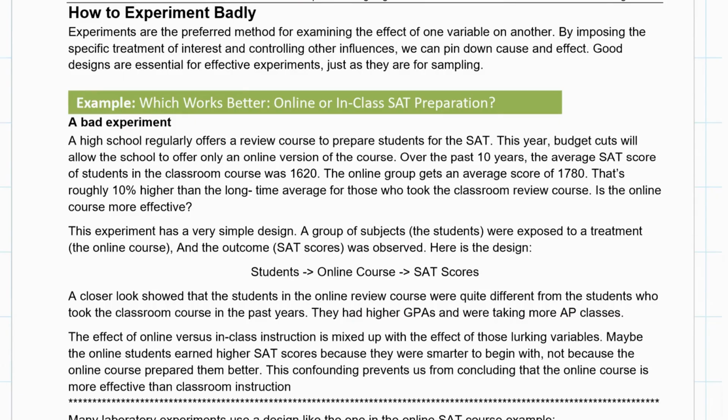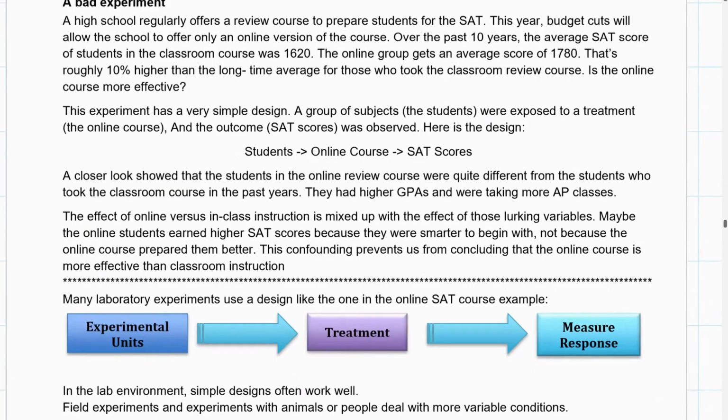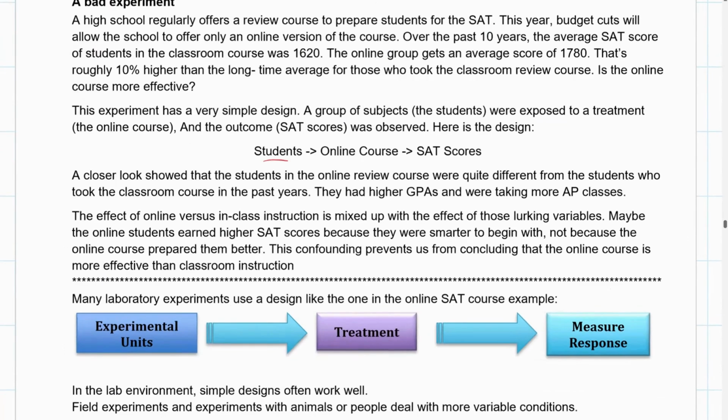Well, the design of this experiment is simple. Okay, students had the treatment imposed upon them, and then we looked at the SAT scores. But a closer look showed that the students in the online review course were quite different from those who took the course in previous years. They had higher GPAs and they took more AP classes. So this situation is confounded. Was the increase because of the online course?